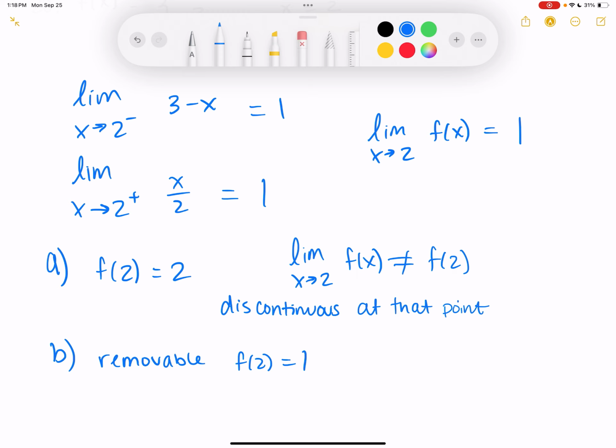So basically, if you graphed this, you'd end up with a hole in your graph, because the two-sided limit is 1, so it should be equal to 1. But at x equals 2, there would be just a point on the graph at y equals 2. If you were to visualize that, which makes it removable.